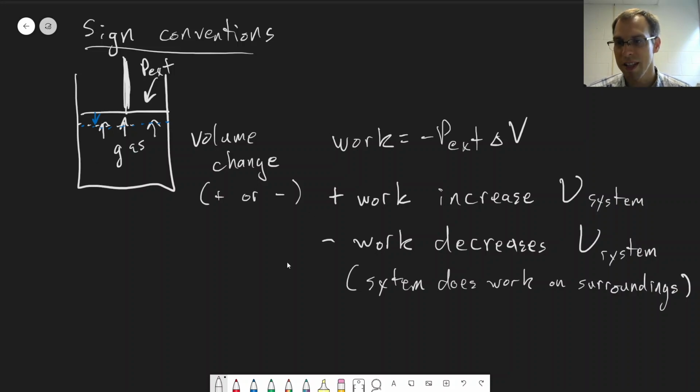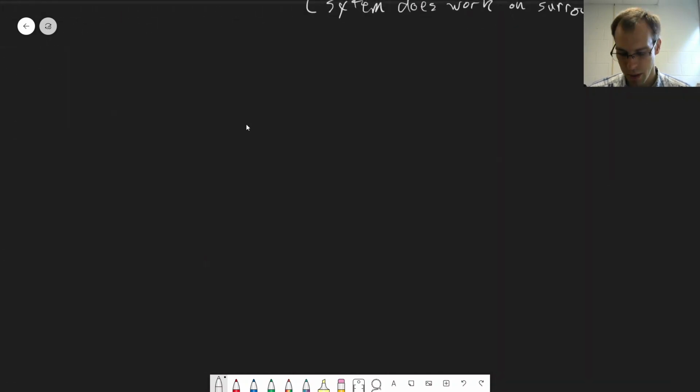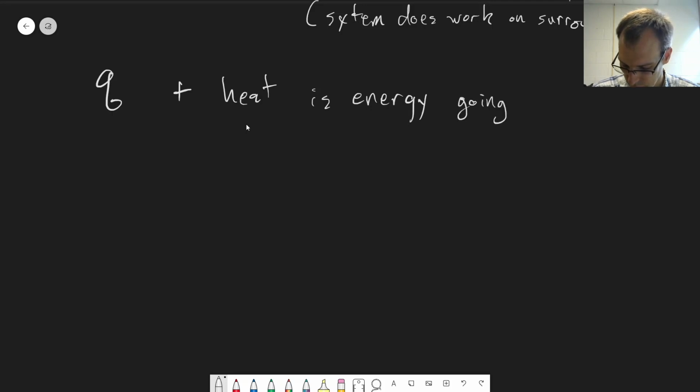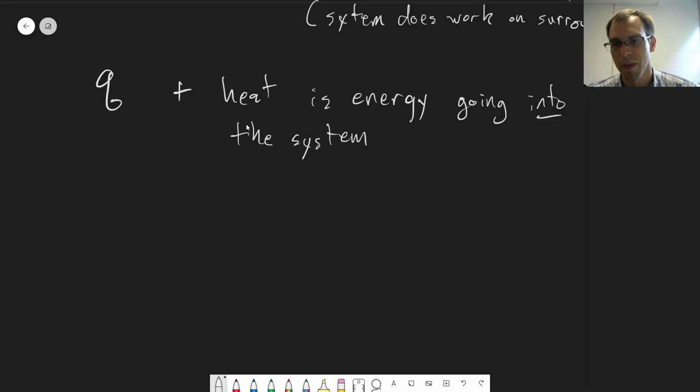Now we have the same convention with heat, right? So for Q, a positive Q value, or what we say positive heat, is energy going into the system. So it would have to be coming from the surroundings into the system.